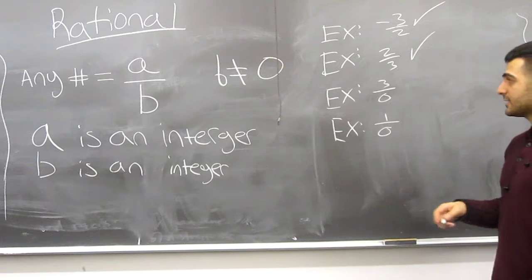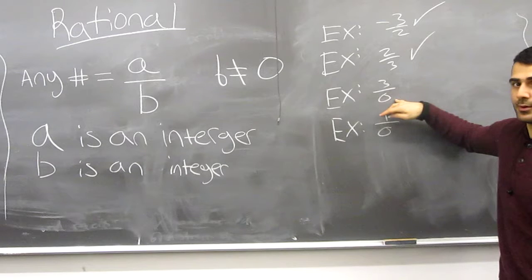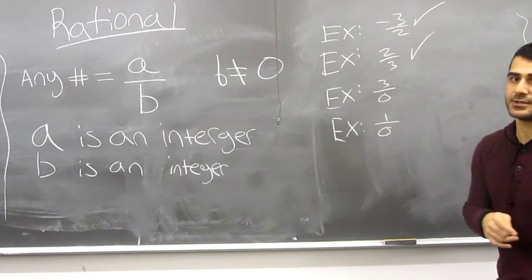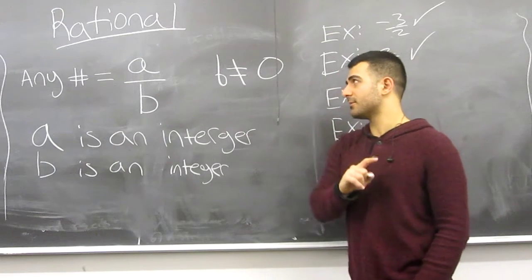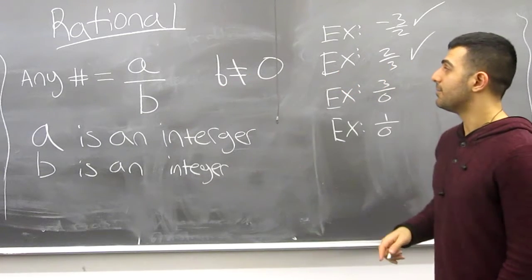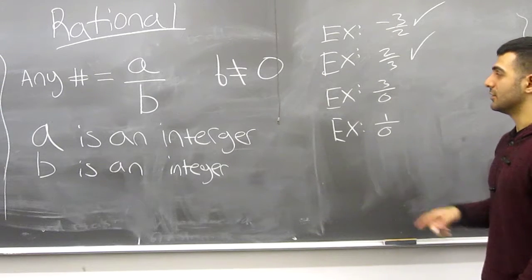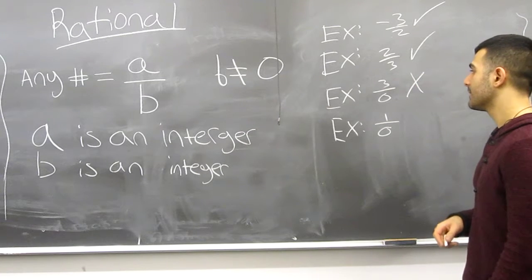Let's move on to the next number. The top number is 3, the bottom number is 0. The top number is an integer, the bottom number is an integer, those are both fine. But is the bottom not 0? Well, the bottom is 0. So in this case, this is not a rational number.